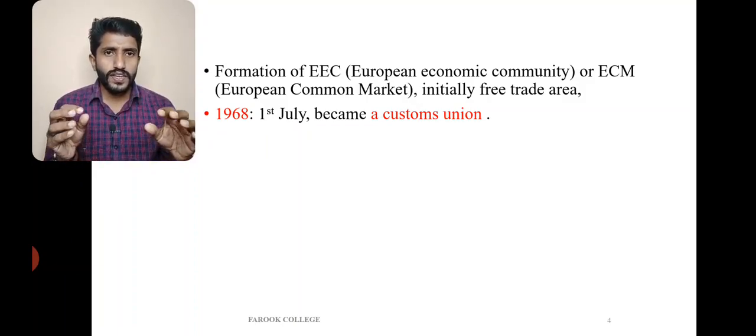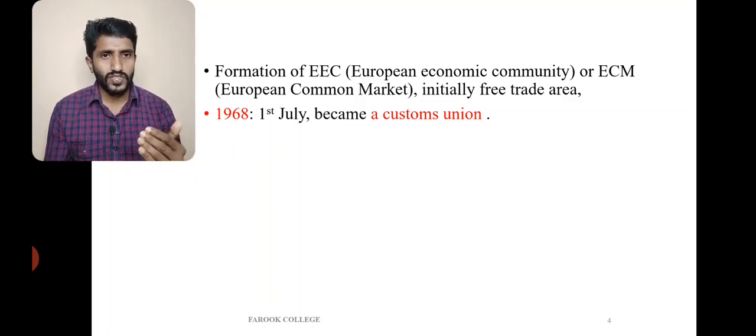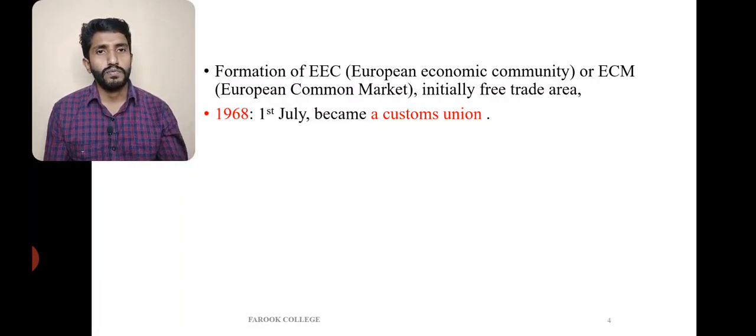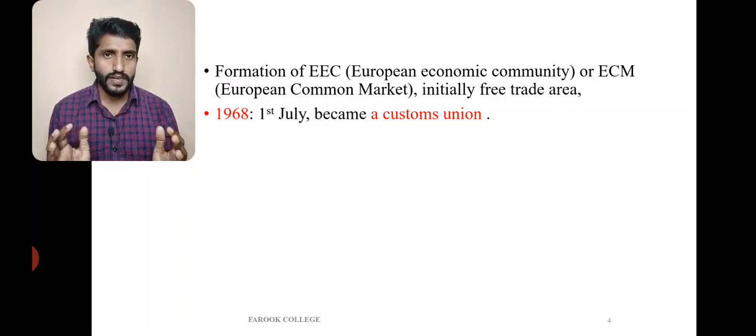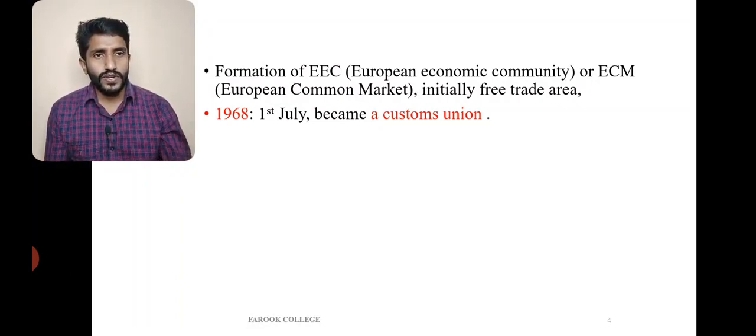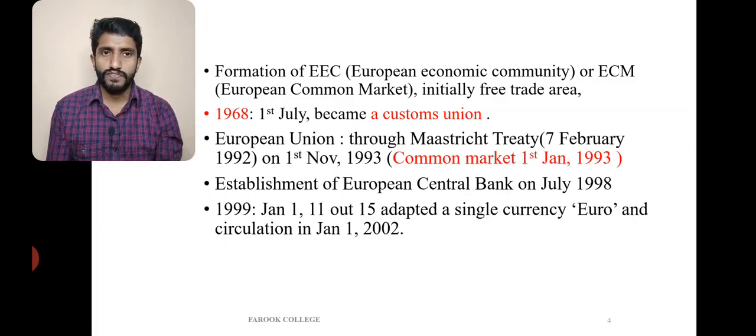So it was firstly a free trade area by lowering the restrictions among the countries. But later on, in 1968, 1st July, it became a customs union, by making a common tariff with the non-members also, they made an agreement with them. So it became a customs union in 1968, July 1st.